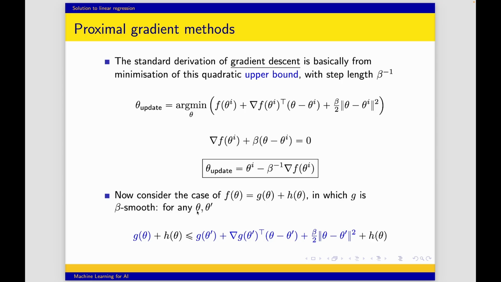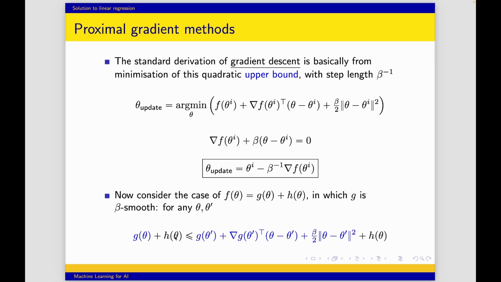So if we have a function of this form, it's a sum of 2 parts, one of which is beta smooth, and the other one of which, for the time being, we say nothing. Then we can develop this not quadratic, but upper bound for g plus h by replacing this with this upper bound, the same upper bound that I wrote down on the previous slide, because this function g of theta is beta smooth.